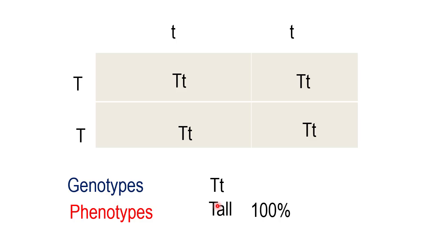So if in a test cross you are getting 100% of the dominant phenotype, that would mean that the unknown genotype is homozygous, and that is represented by this Punnett square, because the small t is not going to express itself in the presence of the capital T. So this shows that if a parent genotype is homozygous dominant, that is going to express itself in 100% of the offspring, and you are not going to see any of the recessive phenotypes.